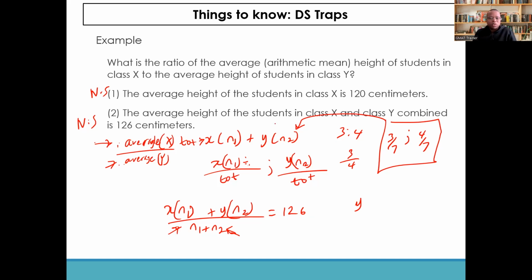If you can do that, then it will be sufficient. But from this information, is it possible to get the number of students in class Y, if you combine them?